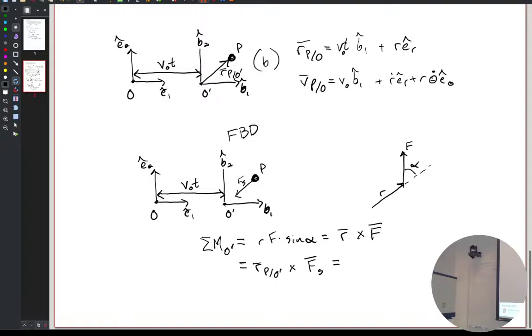Is there a theta direction? Yeah, if you're using theta hat, ER is this way, theta hat goes this way, then velocity is R dot that way, R theta dot that way. So that's why I asked about total speed with the combination.